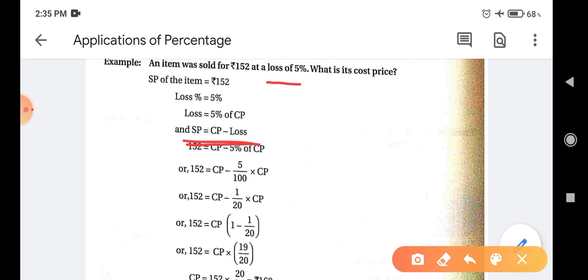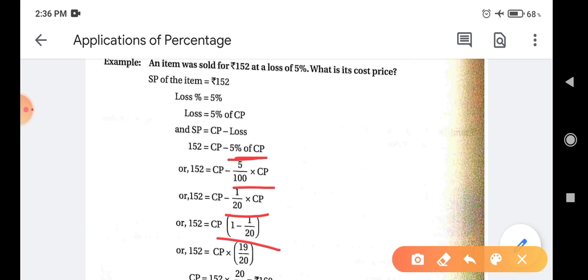So we get SP is equal to CP minus loss, and now we put the values of SP and loss. Loss is 5% of CP, so it is 5 by 100 multiplied by CP. After cancellation it is 1 by 20 into CP.